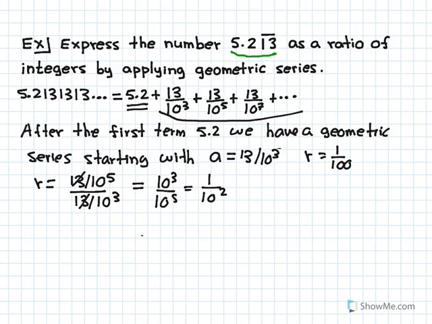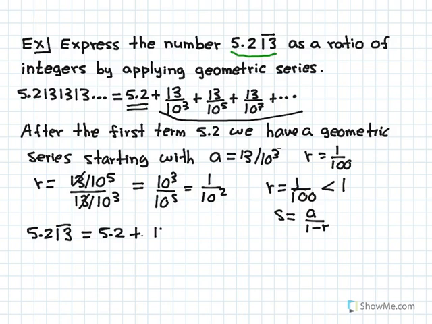All right, so we can write 5.213, this repeating decimal, as 5.2 plus the sum of a geometric series. Now notice that the common ratio r equals 1 over 100, which is less than 1. For this reason, the geometric series converges. So we can apply the formula S is equal to a over 1 minus r.